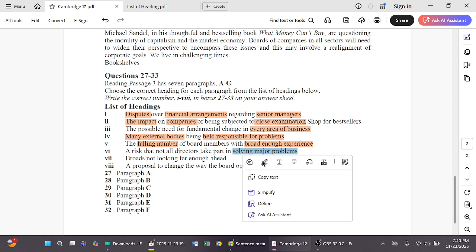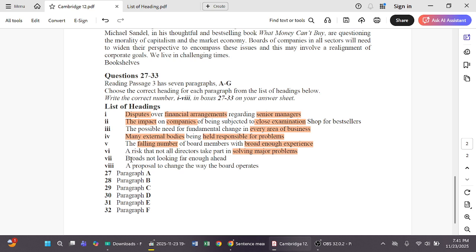Not all directors means not everybody, right? So whenever we are understanding this, not everybody is involved in some projects. We can relate with this.